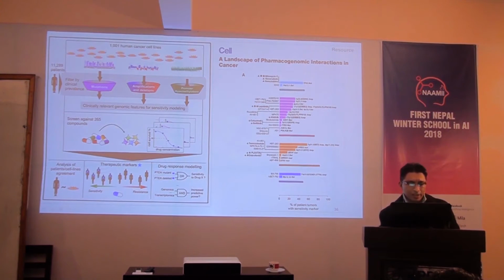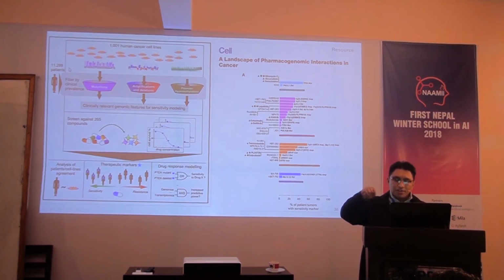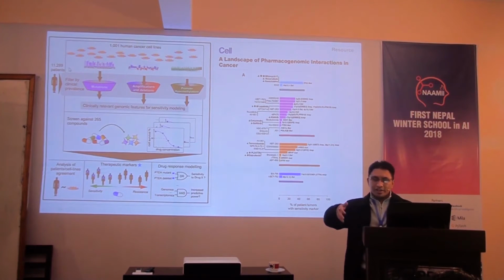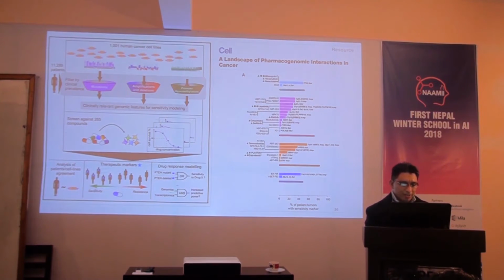Each of those 1,000 patients was treated with different drugs, and they tried to identify which patients responded to the drug, that is, which patients were sensitive to the drug, and which patients were resistant to the drug.